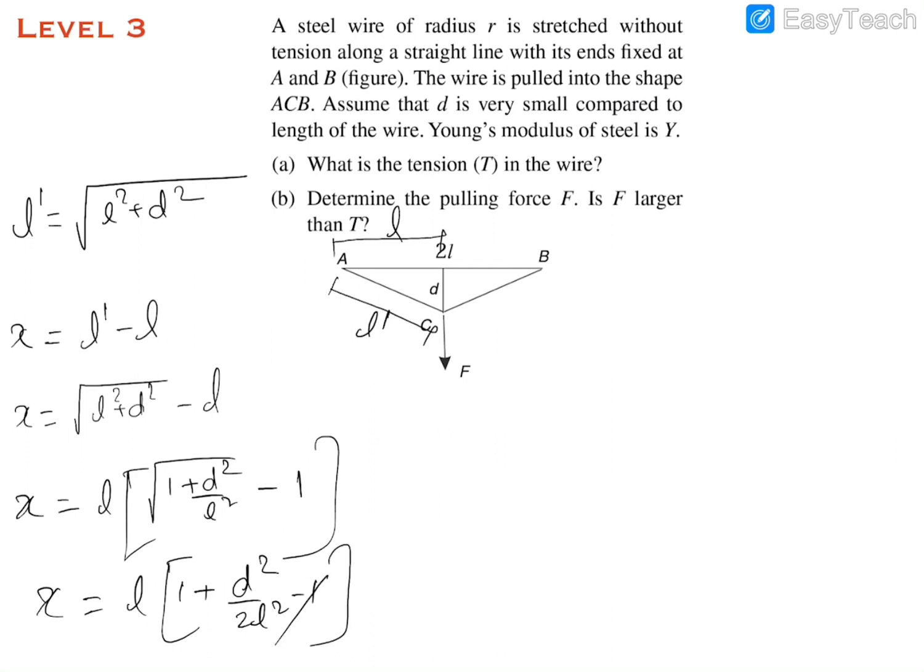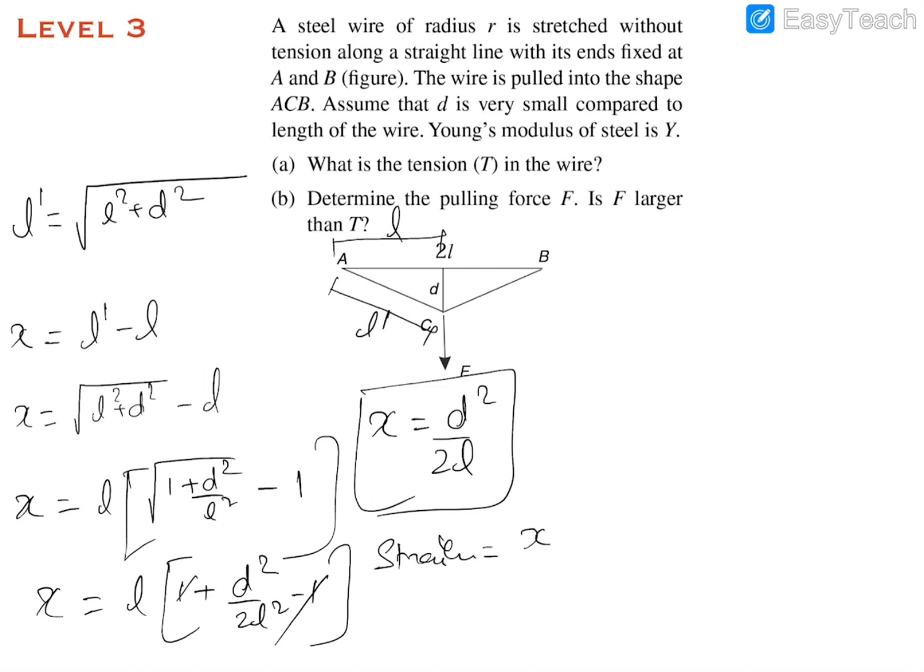Cancelling out this 1 with 1, x will be equal to D square by 2L. This is the extension developed. Therefore the strain developed in this wire AC will be extension upon its original length L. So the strain will be equal to D square by 2L square.